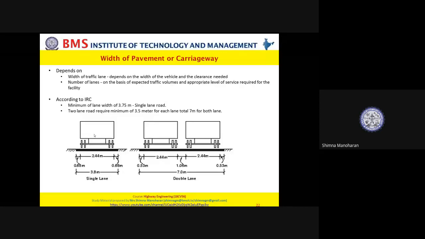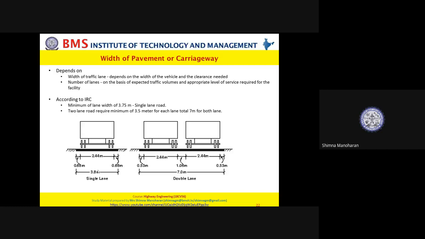You might have seen a single lane road and a double lane road, right? For a single lane road, the width usually is 3.8 meter. That means 2.4 plus 0.68 plus 0.68, giving you 3.8 meter.